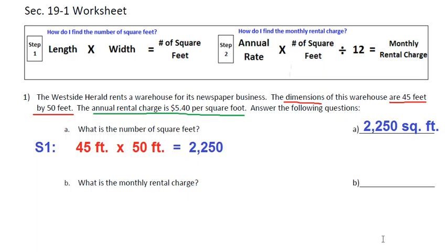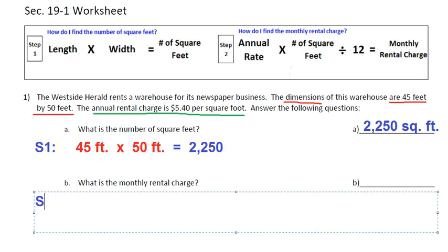B, what is the monthly rental charge? And that leads us to step 2. What is the monthly rental charge? Well, we first need to know what the annual rate is, and that is $5.40 per square foot.